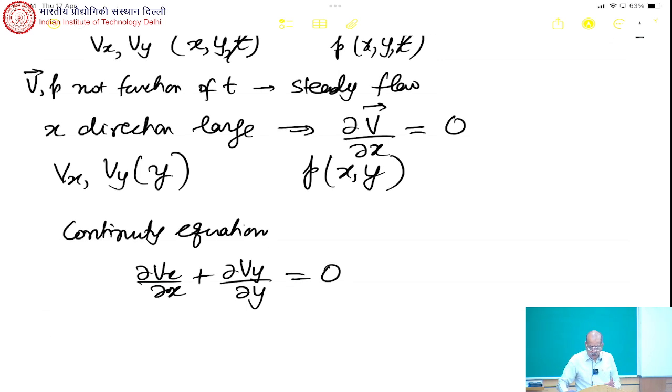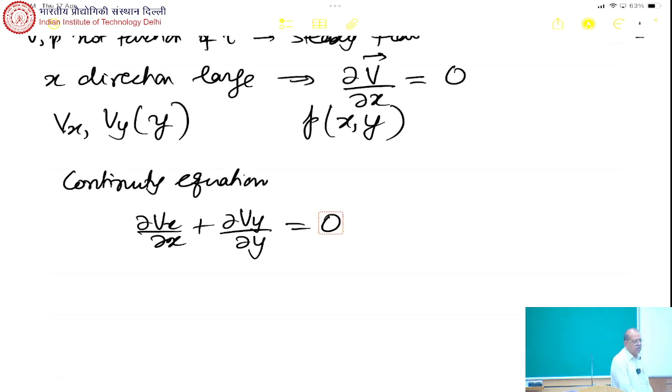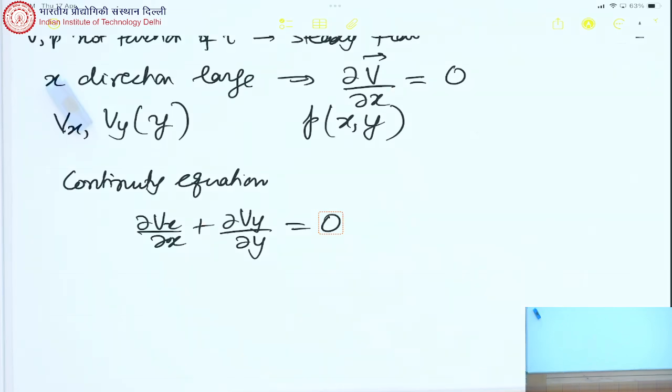Now can we simplify this? Is any of these terms 0? The first term is 0 because Vx is only a function of y.